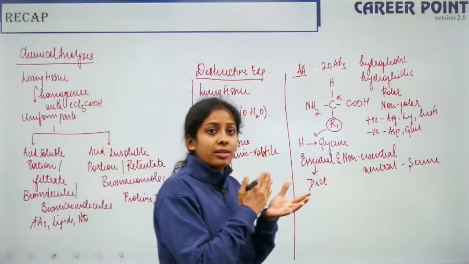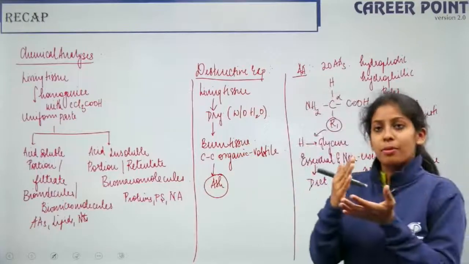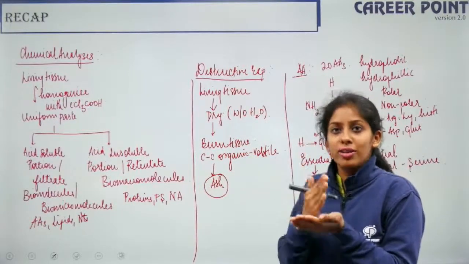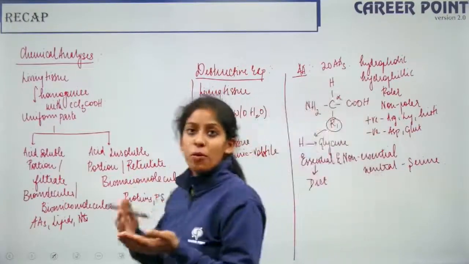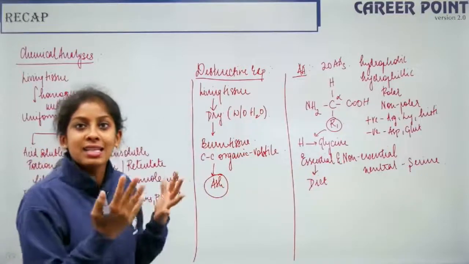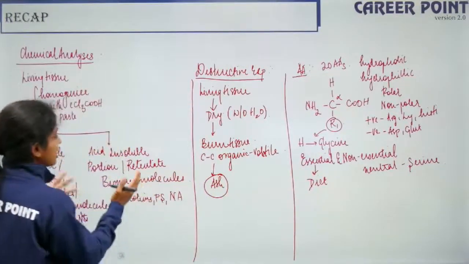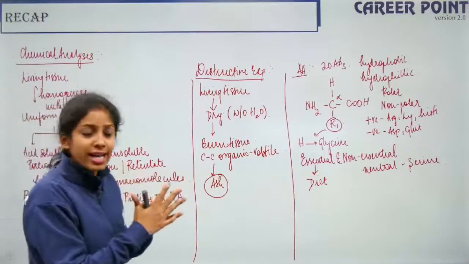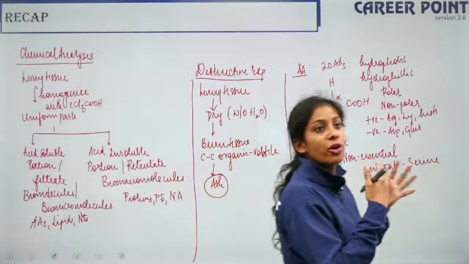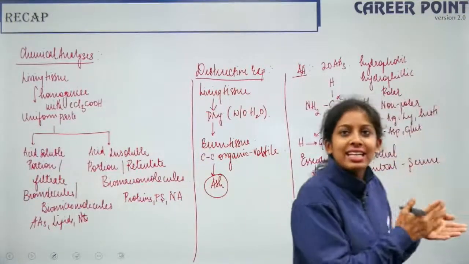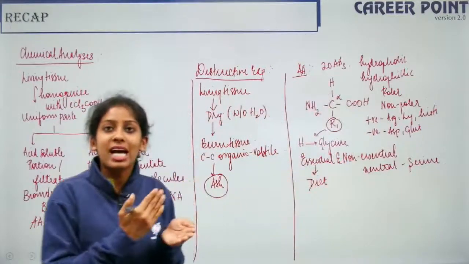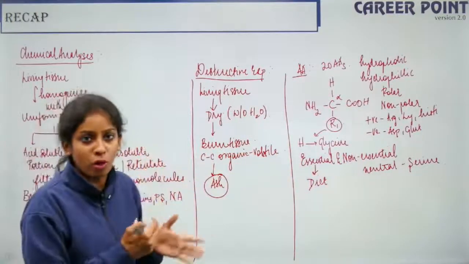These organic molecules in your living tissue are called your biomolecules. Anything that has a carbon, for example your proteins, your polysaccharides, your nucleotides, nucleic acids, they all have a carbon backbone. So anything that has a carbon compound inside your tissue is called your biomolecules.